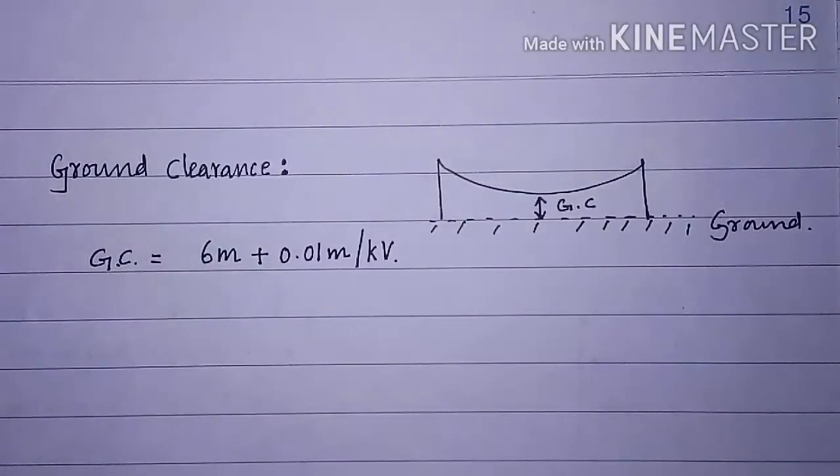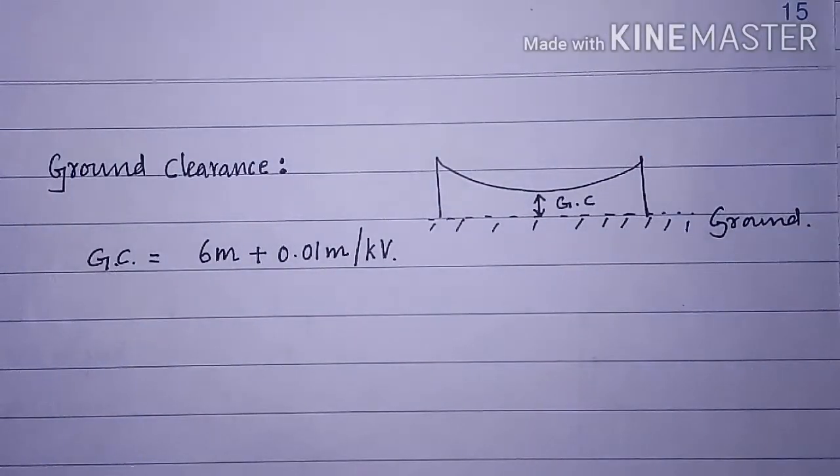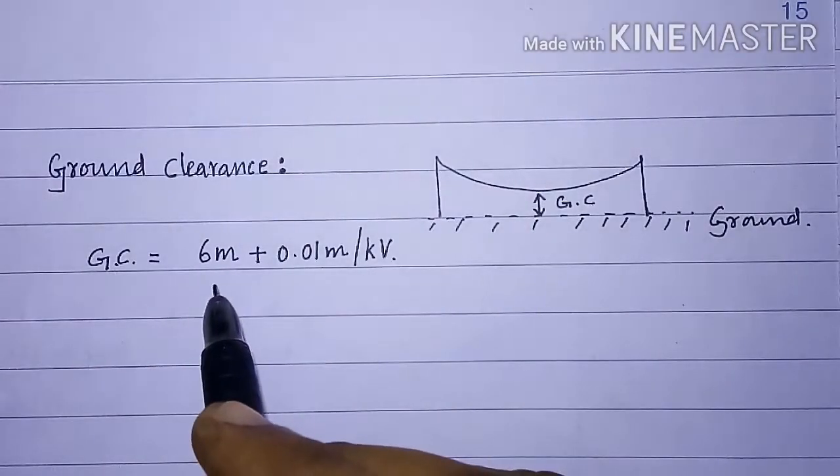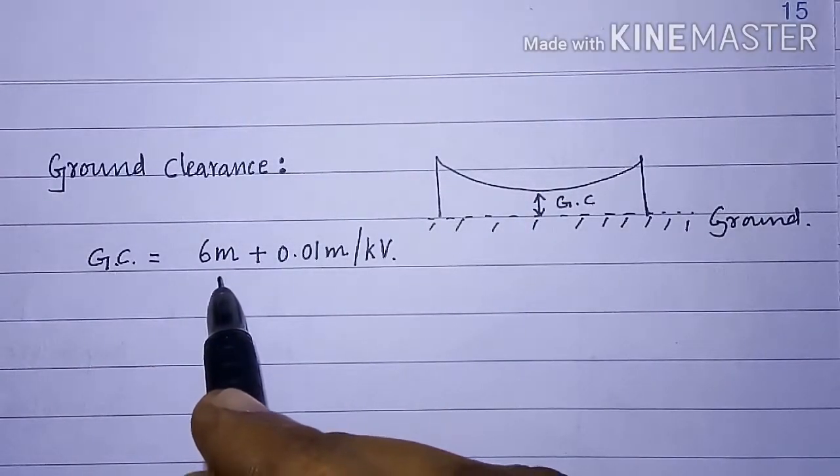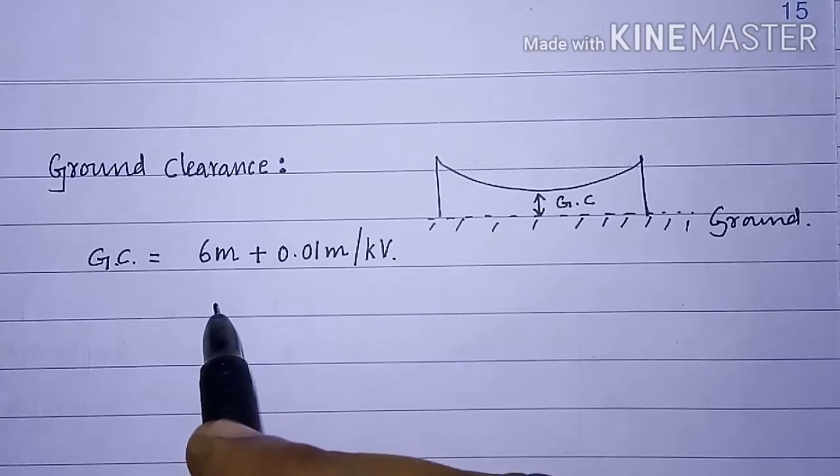which means that 6 meter is for any conductor operating at a voltage less than 1 kilovolt.